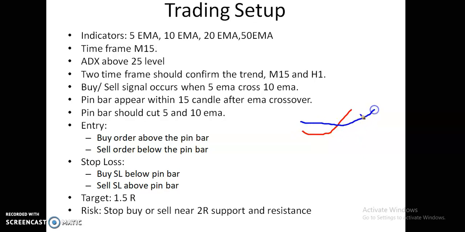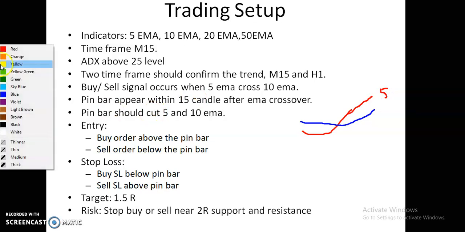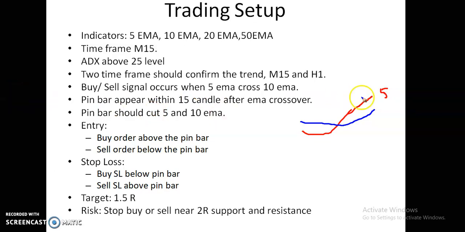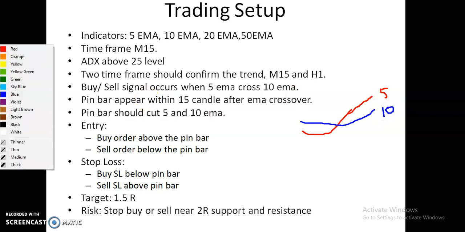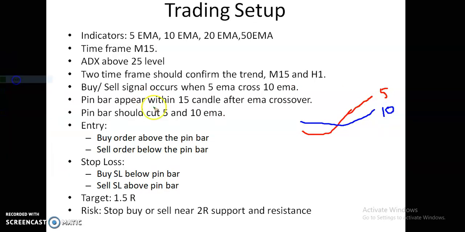They are running like that, and here let's say they are running like that. This is the 5 EMA and this is the 10 EMA. Let's say we see a crossover here, so the 5 cuts the 10.